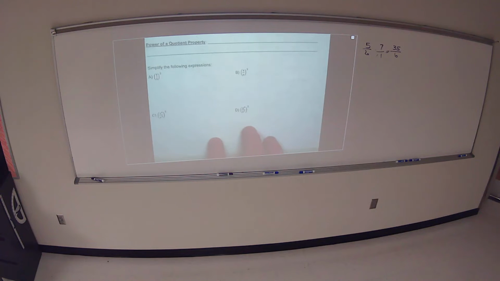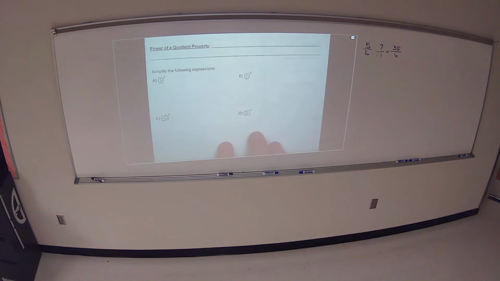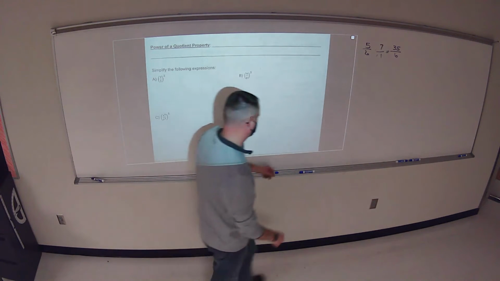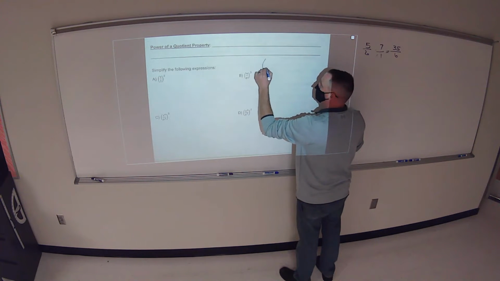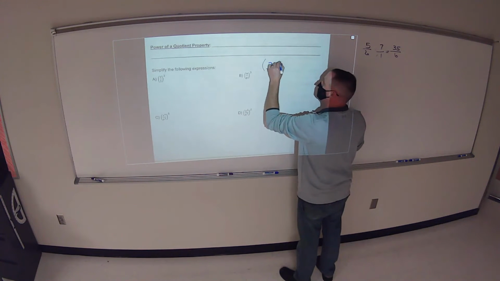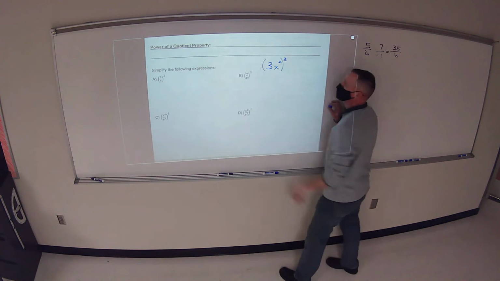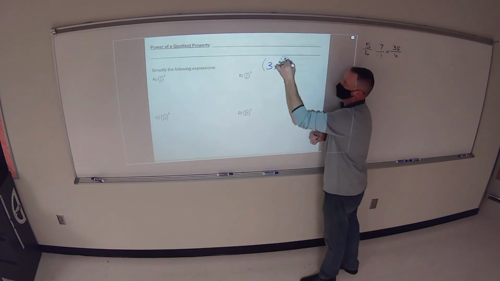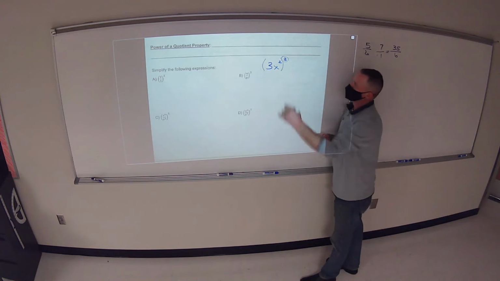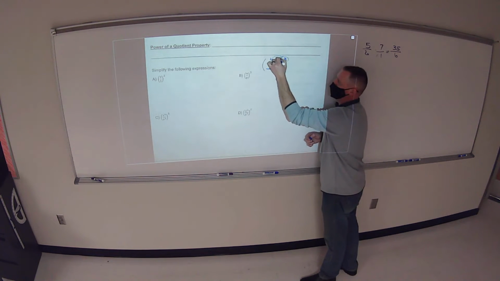But we called it the power of a product problem. So real quickly, kind of recapping what we've already done. The power of a product property said that if I had 3x squared cubed, we did this as part of our openers today, what are you doing with this exponent of 3? You're distributing it through to each of these, right?